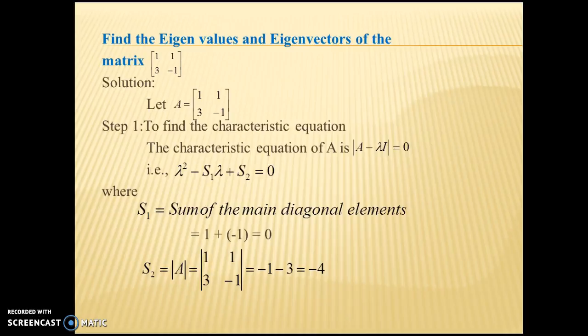S2 is nothing but modulus of A. So, determinant modulus of A is equal to minus 4. Applying this S1 and S2 value in the characteristic equation, lambda square minus 0 lambda minus 4 equal to 0. Simplifying this equation, we get lambda is equal to plus or minus 2.